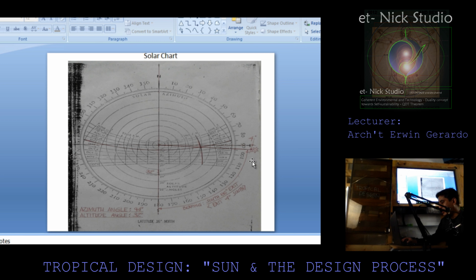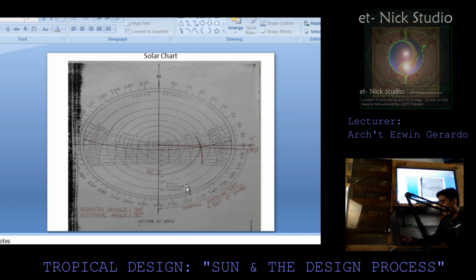And then from 90, we have 100 degrees till it reaches this line, which is actually 180 degrees, till 270. Once it goes to this angle, it is already considered to be your 360 degrees. So this is already your solar azimuth chart.